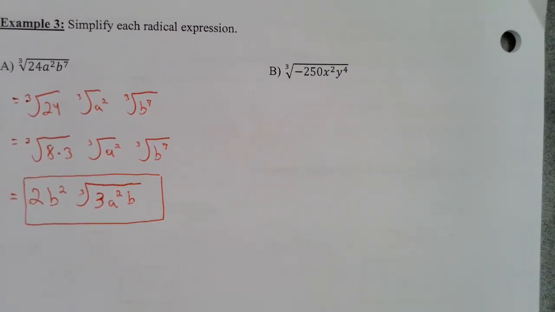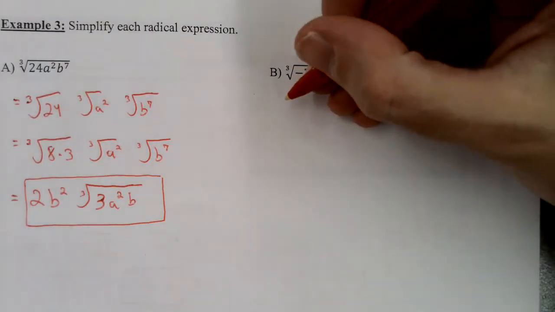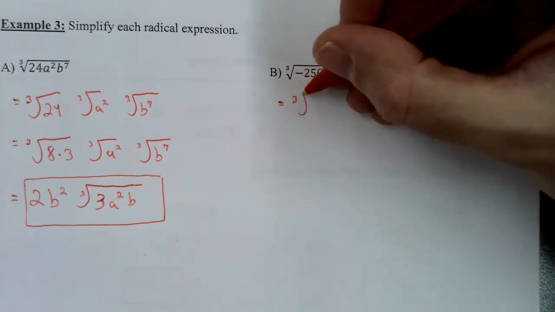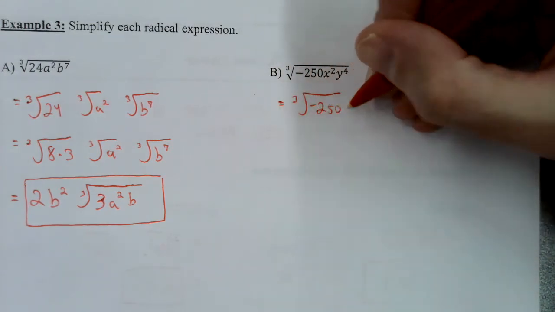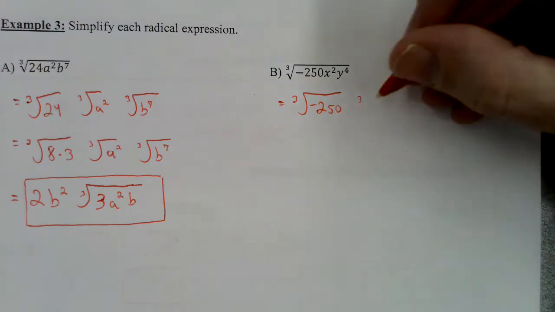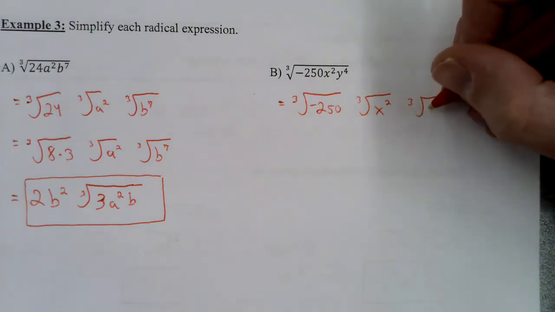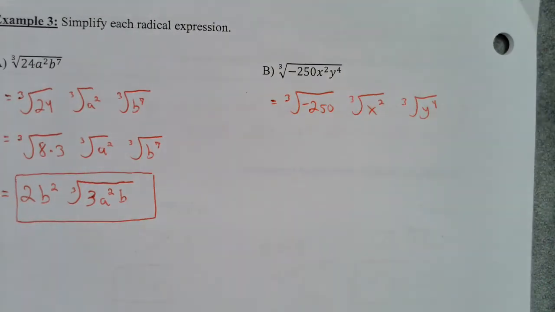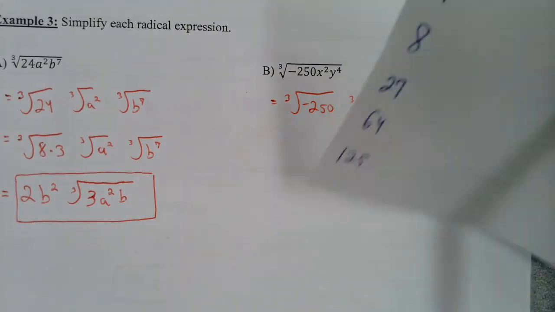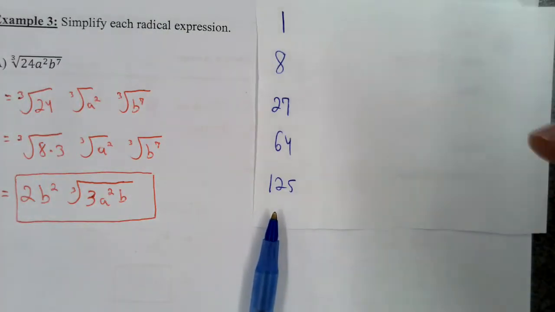Okay, let's try example 3B. Let me break it apart into the cube root of negative 250 times the cube root of x squared times the cube root of y to the 4th power. Think back to the perfect cubes I wrote before.